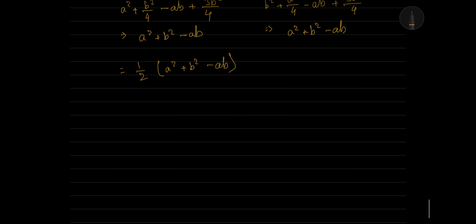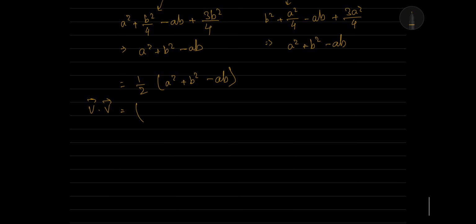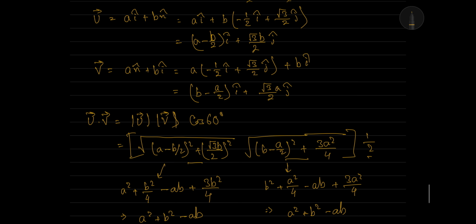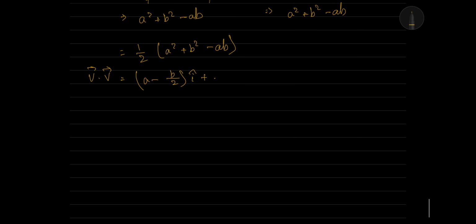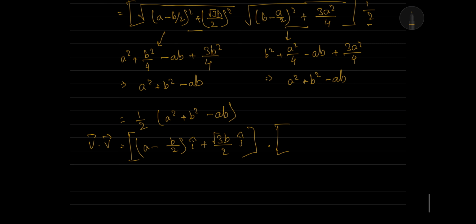And again if we do u dot v, it will become like this: a minus b by 2 i cap plus root 3 b by 2 j cap, dot the v vector, which is b minus a by 2 i cap plus root 3 a by 2 j cap.